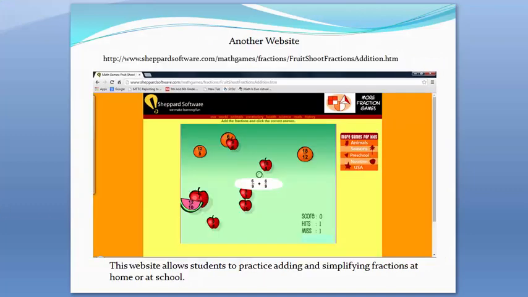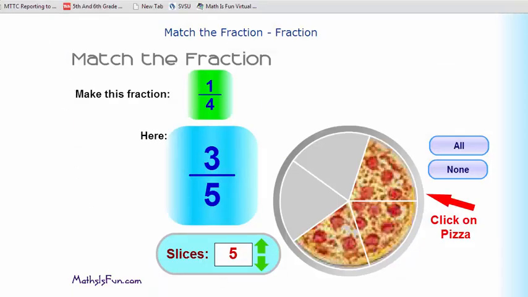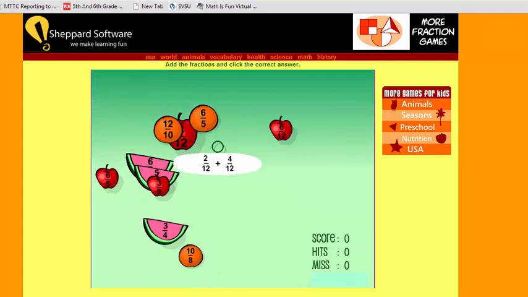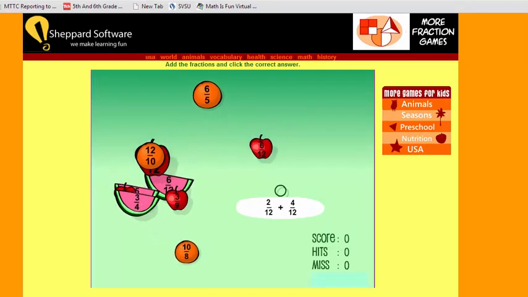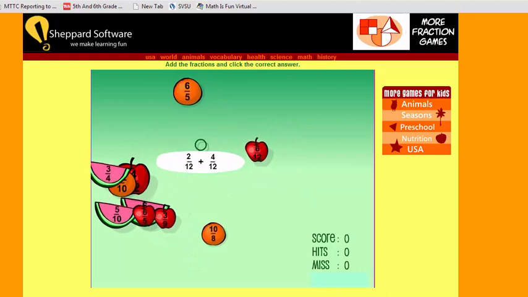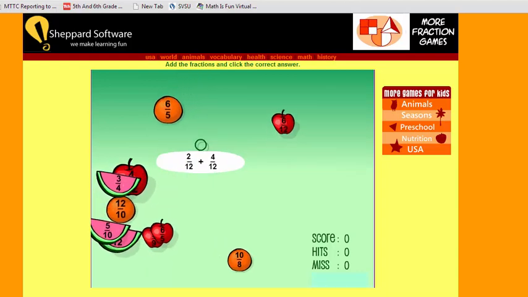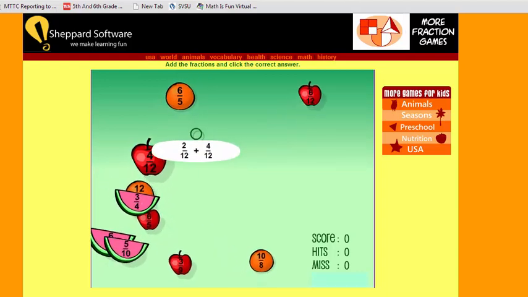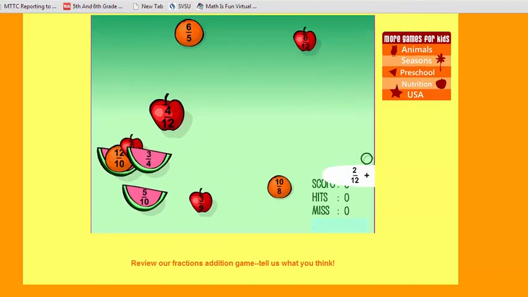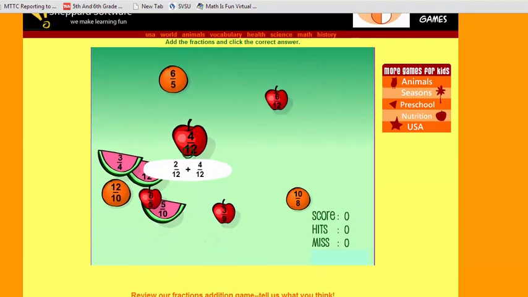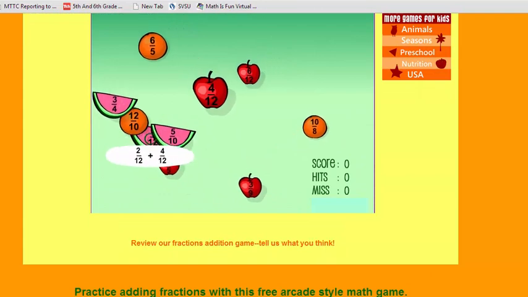Another website that I put on here, which I will show you, would be fruit fractions. See if I can find it and put it up for you. It allows for adding of fractions, and you can change it to different denominators, similar denominators, but it allows students to have a little fun while they are playing around with fractions.